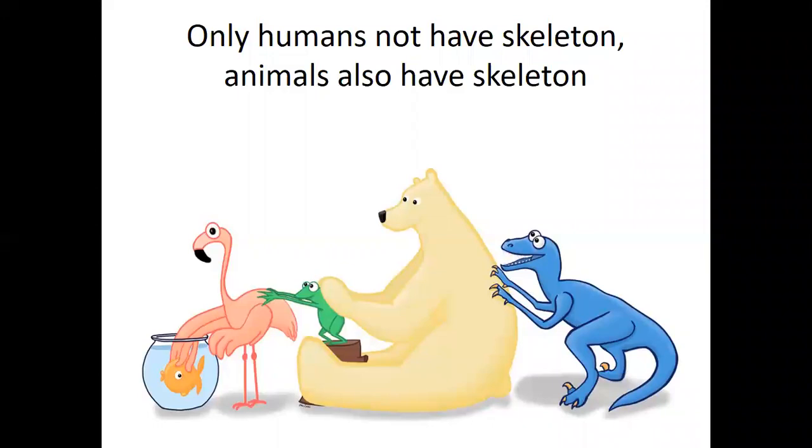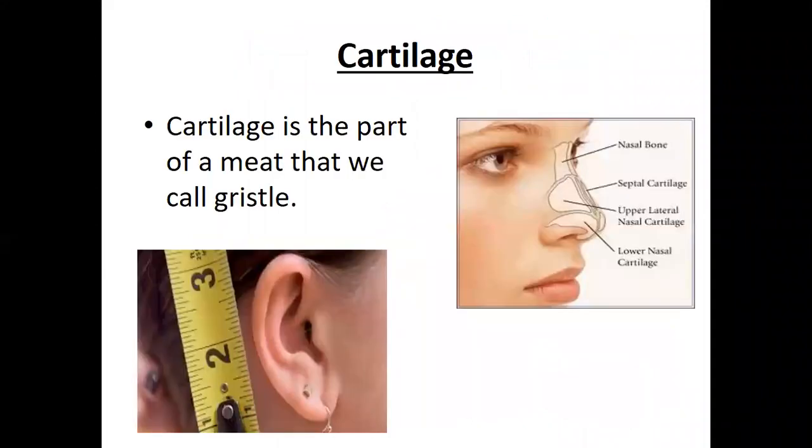Okay, what is cartilage? You have some cartilage in your own skeleton. You can feel it if you gently squeeze one of your ears or wobble the tip of your nose. Actually, cartilage is the part of meat that we call gristle.